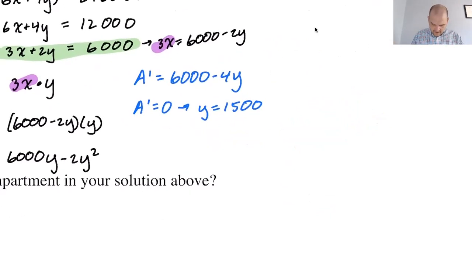So A double prime is -4, which is less than 0 for all y, right?